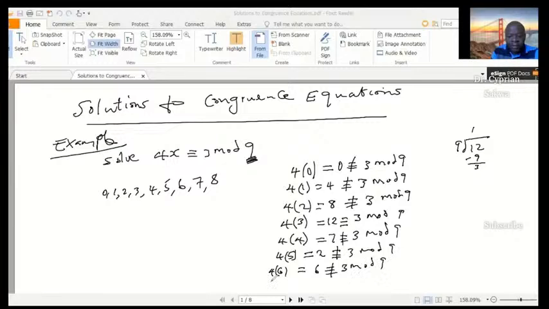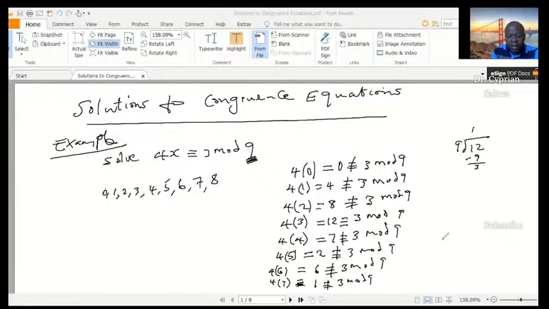And then 7, that will be 28. 9 into 28, it goes there thrice because of 27. So the remainder is 1, which is not congruent to 3 mod 9.